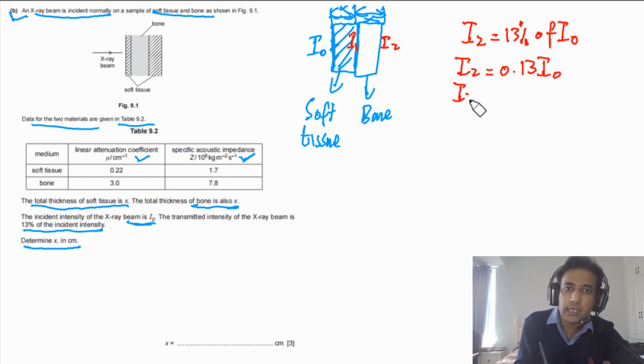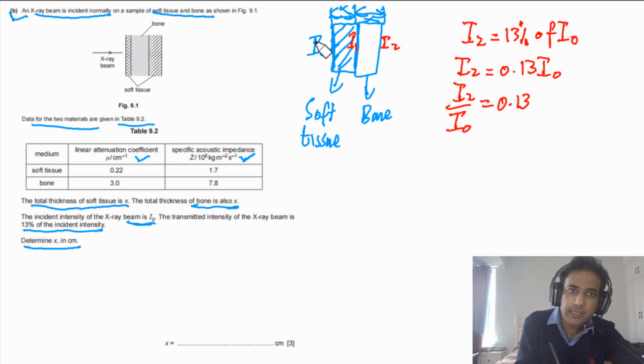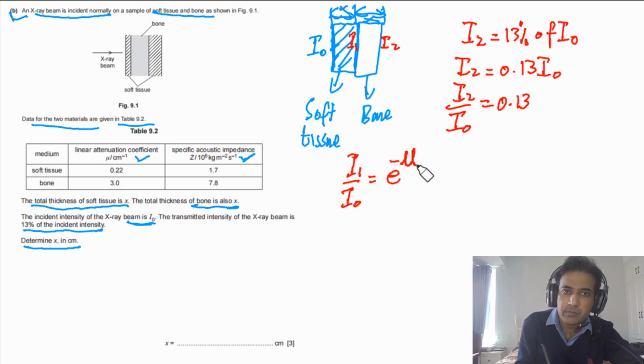So I2 divided by I naught is equal to 0.13. Now first of all, if you look at soft tissue, for this one we can write I1 over I naught, and this will be equal to e to the power of negative mu x.